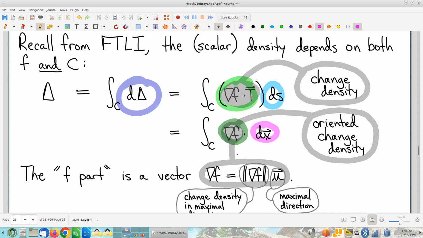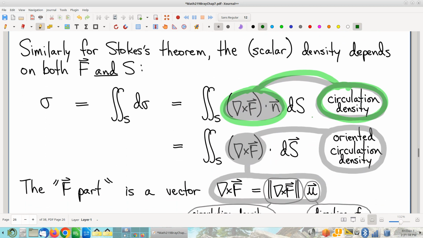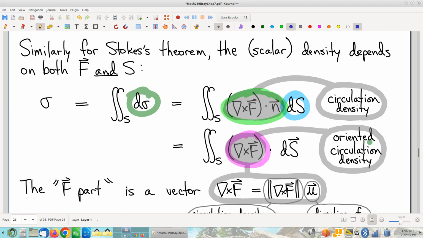So it seemed like a weird thing that I was doing at the time, to create this strange concept of an oriented density and put that on the gradient vector. This is exactly the idea that we need now in this circumstance. So now we're no longer looking at change, but we're looking at circulation. And you can think of that as scalar density times scalar size, or having combined like so, I can reinterpret this as being oriented density times oriented size.